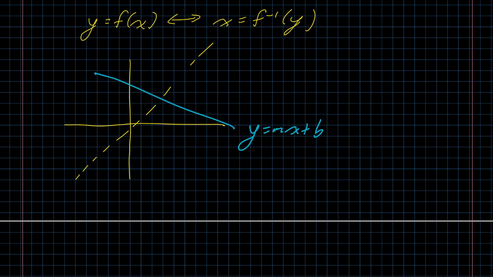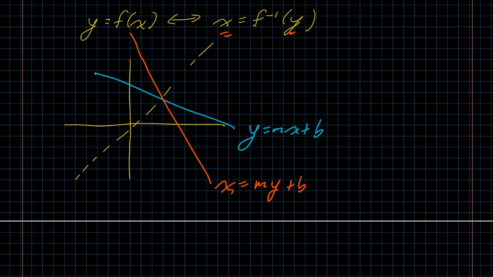In general, the equation of a straight line says y equals mx plus b. As lines go, this one's actually not doing all that much, but if I mirror it across that line y equals x, then I get this line, which is x equals my plus b, right?